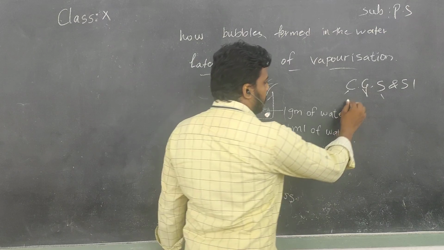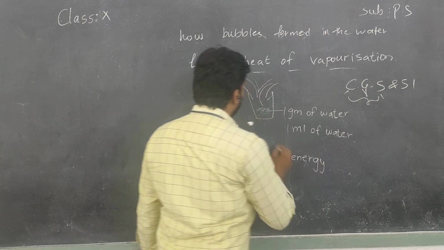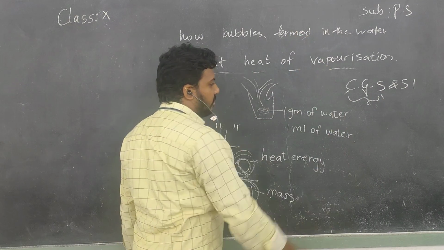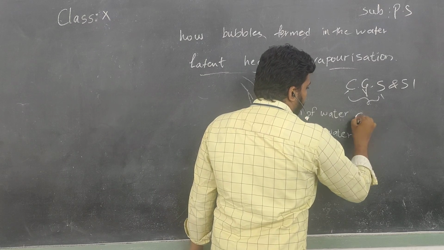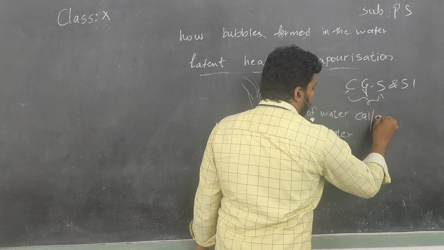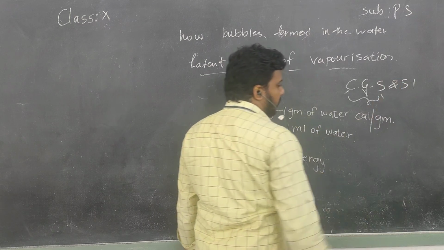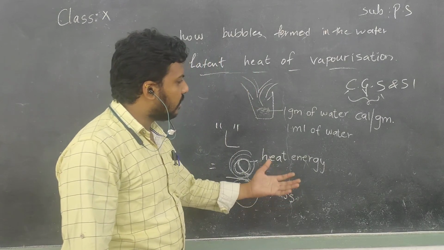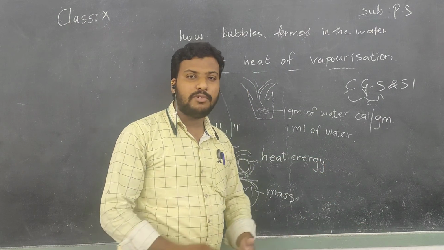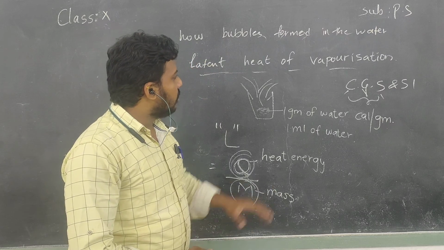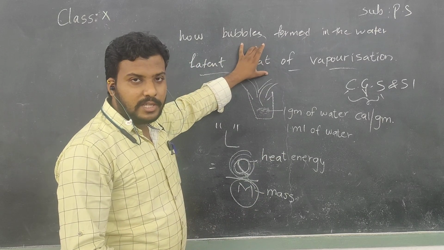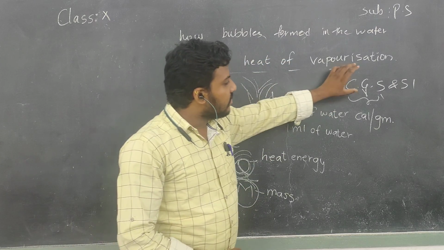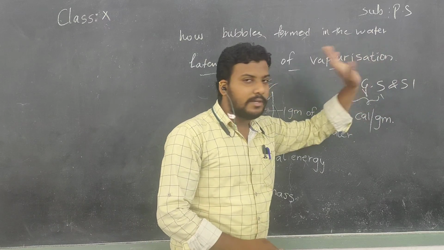So the CGS unit of latent heat of vaporization is calories per gram, children. Calories per gram. So children, latent heat of vaporization is measured in CGS and SI units.